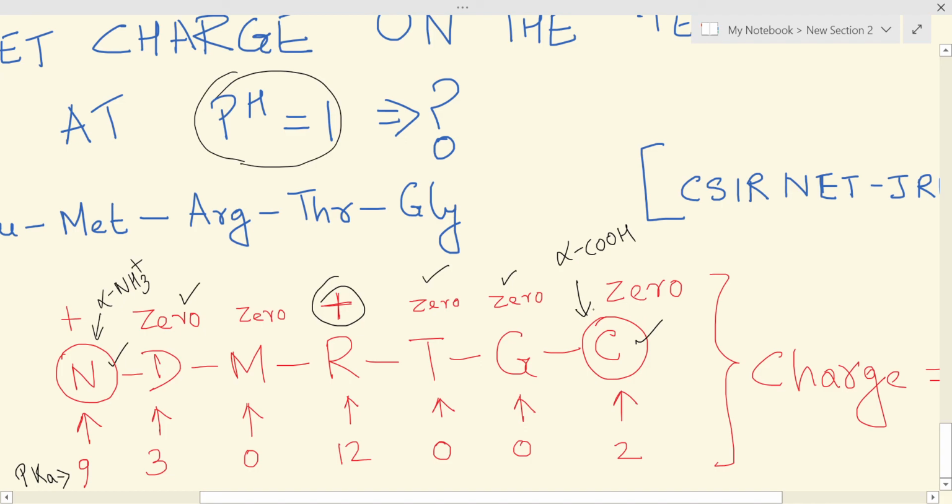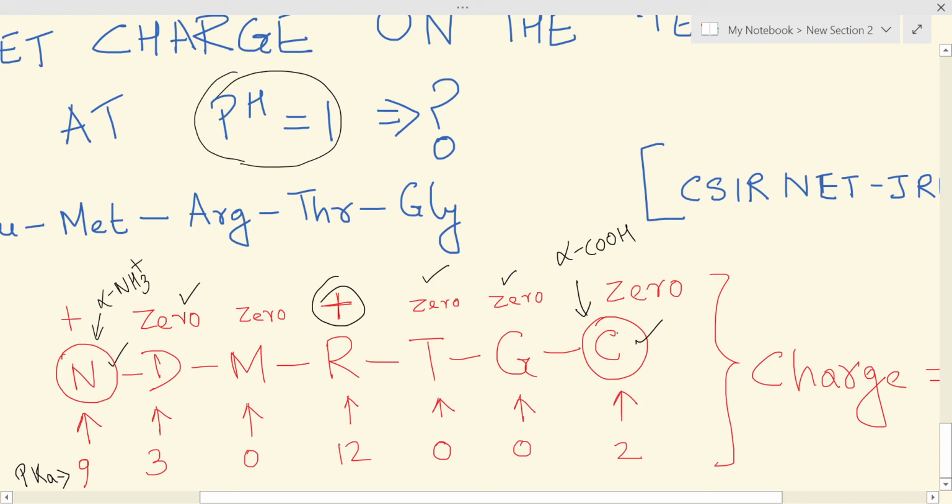Again, I am explaining to you. Aspartic acid is an acidic amino acid, and when the pH is less than the pKa value, it will be in the protonated form, and the charge on it will be 0. Methionine is non-polar, charge is 0. Arginine is a basic amino acid, and pH is lesser than the pK value, so it will be protonated and have one positive charge. Threonine is non-polar, having zero charge. Glycine, zero charge.